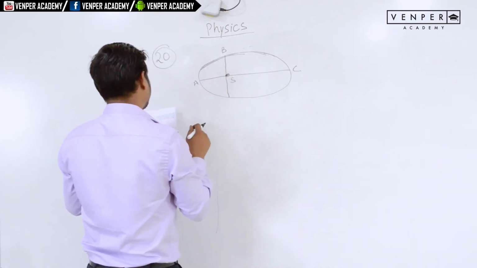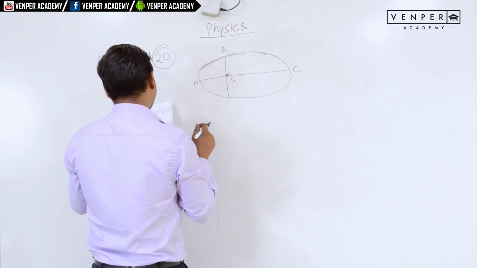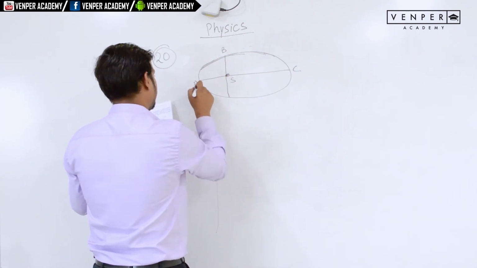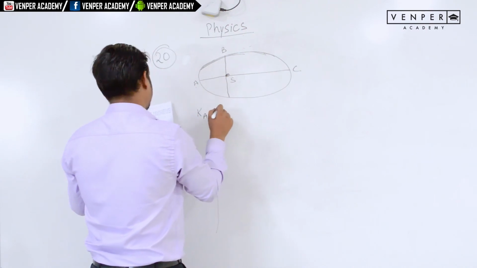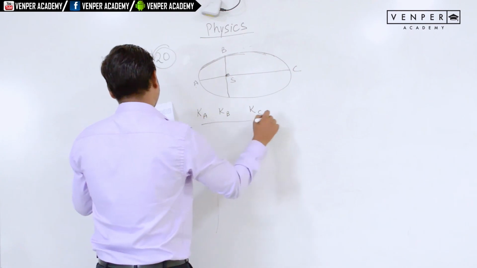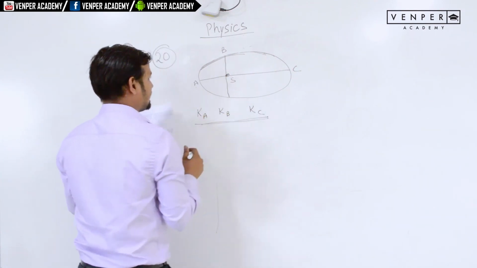What they are asking is the relation between Ka, Kb and Kc.